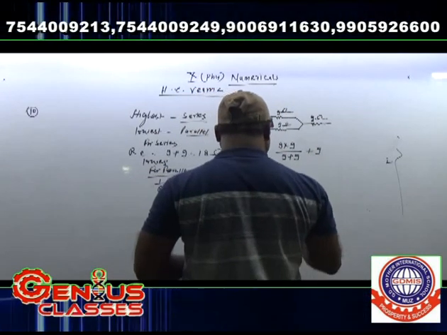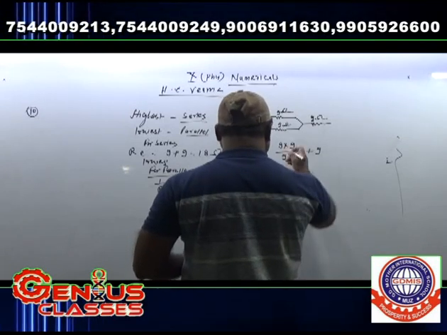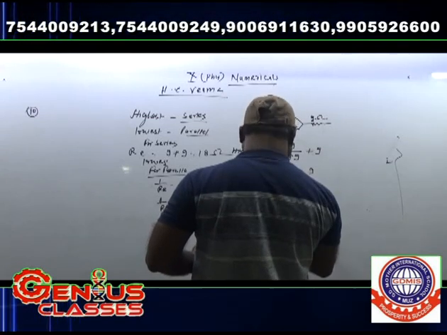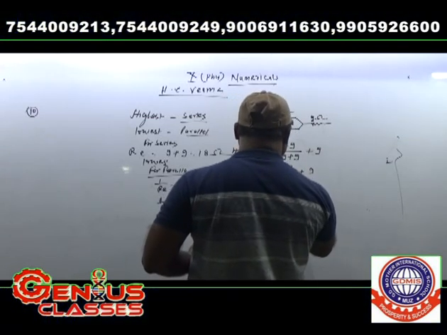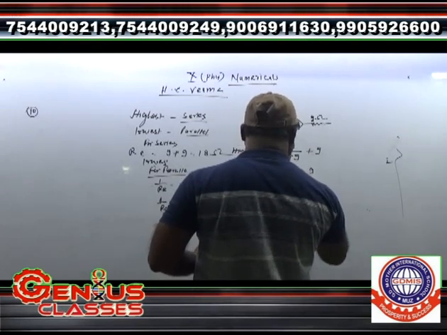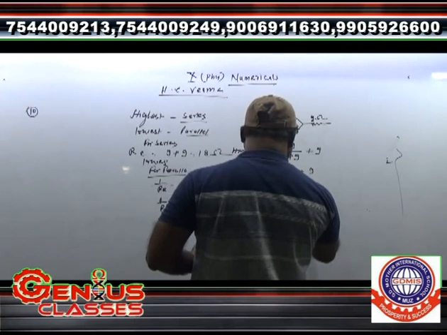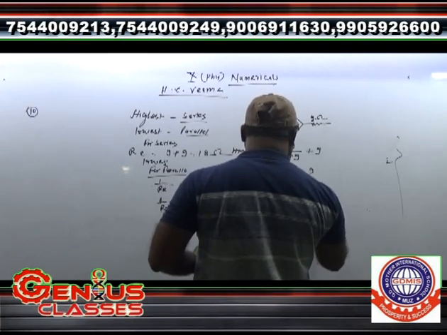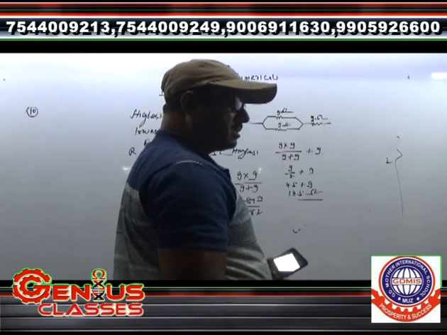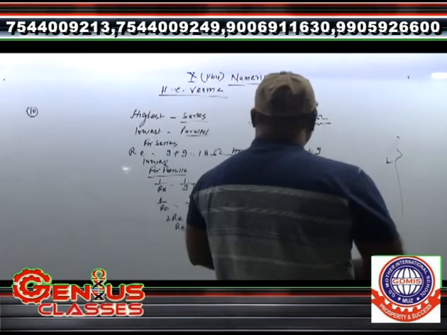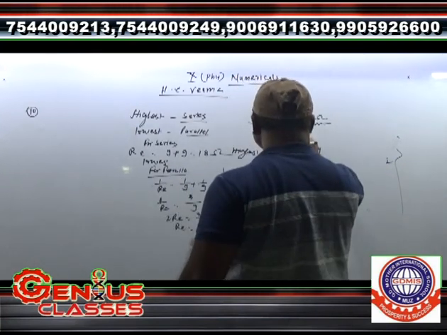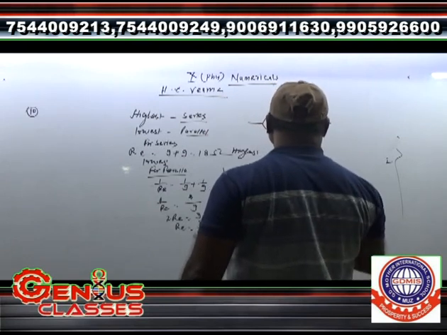So it is 9 by 2 plus 9. 9 by 2 means what? 4.5 plus 9. 13.5. Perhaps in the book it is 12. Alright? 12 or something like that. Alright, so this is the correct answer. It is 9 into 9 over 9 plus 9.